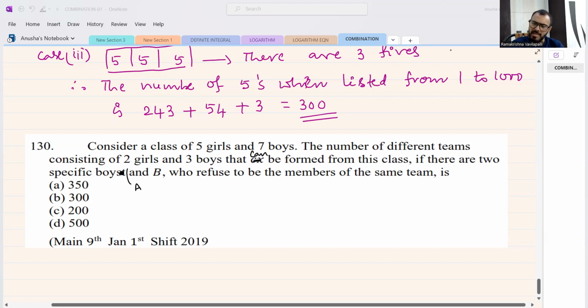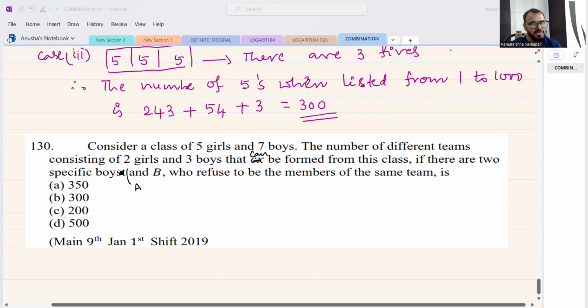Either both will be eliminated from the committee, or one will be in the committee and one will be outside of the committee, or neither of them will be in the committee. So instead of calculating all these possible cases, let us count the total without restriction minus the cases when both specific boys A and B serve together in the committee.